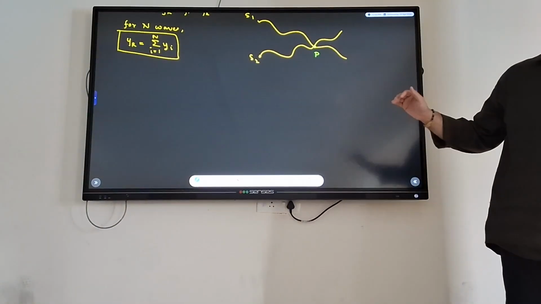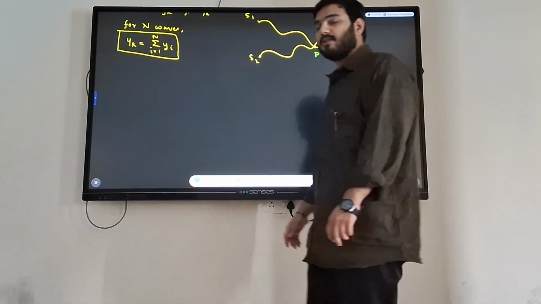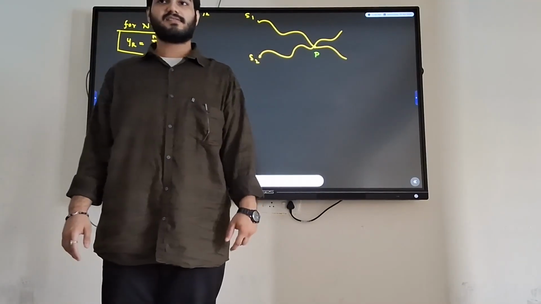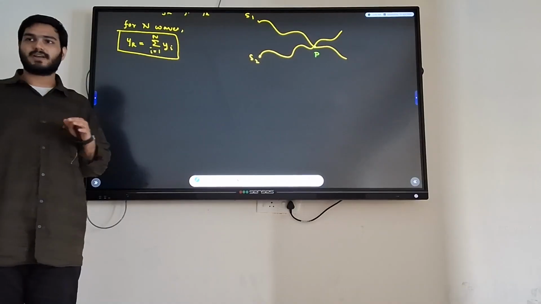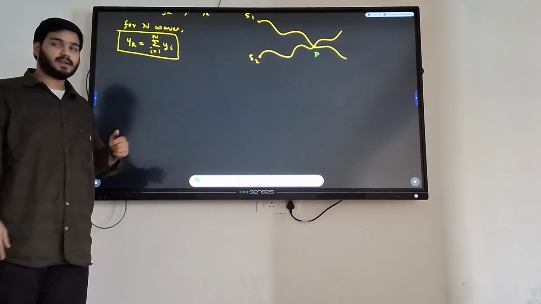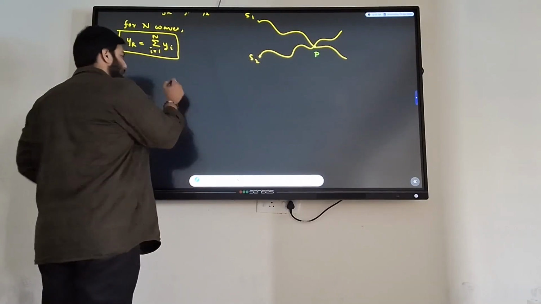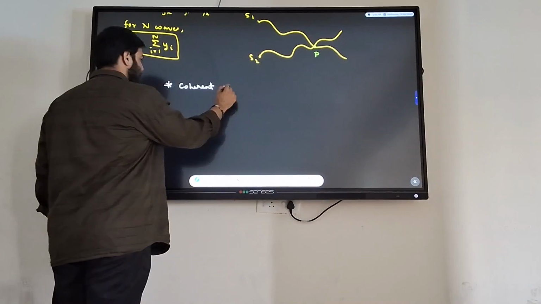So is it written up till here? If the two waves actually meet at some point, then what should the final wave equation look like? Let's talk about that. Achha, before even that, I have to talk about some terminologies. We will come across them more often than not, and these are called coherent and incoherent sources. The first one is called a coherent source.